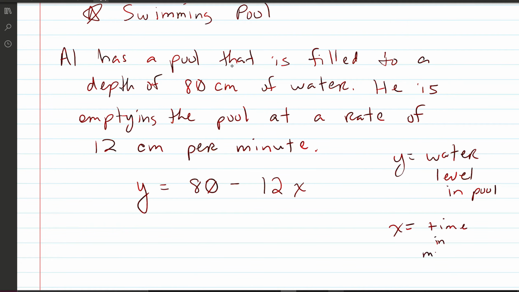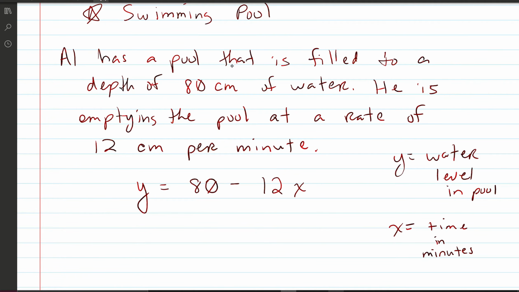All right, so I'll put time in minutes. So see how that makes sense. Y, the water level, is equal to 80. It starts out with 80 minus, because it's being emptied, at a rate of 12 centimeters per minute. So 12 is what they gave us, centimeters each minute, and x stands for the number of minutes. We don't know how many minutes, so we're using that variable.